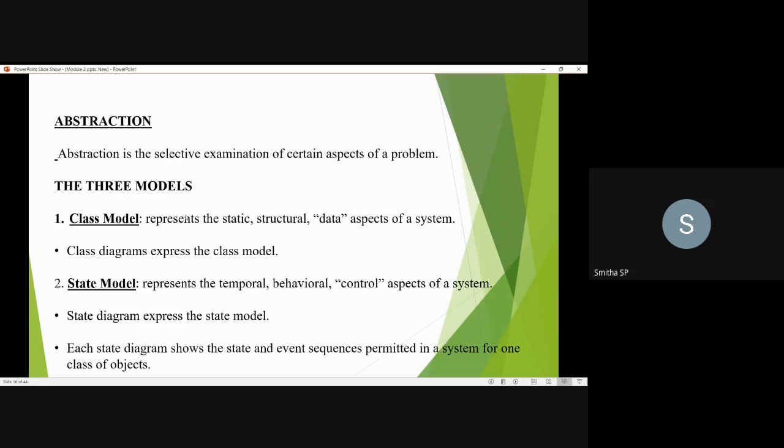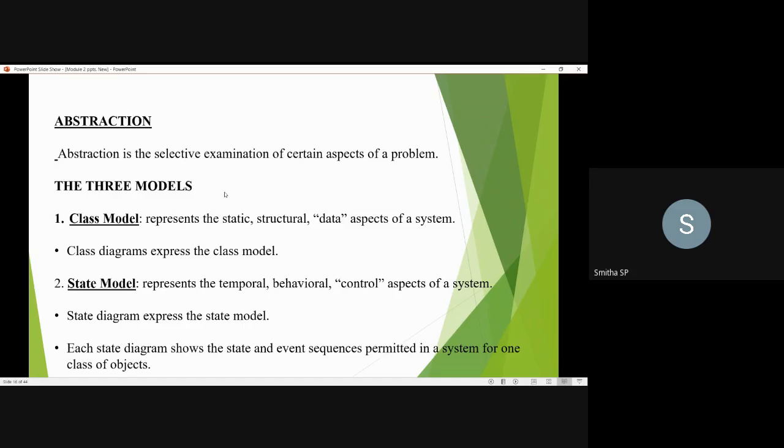In today's session, we will be discussing what an abstraction is and what the three models used in modeling as a design technique are.